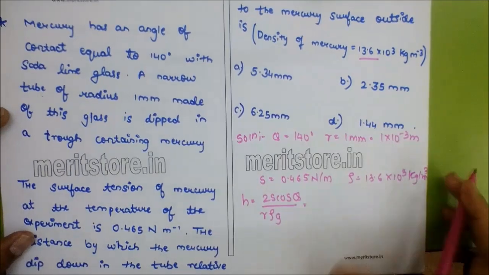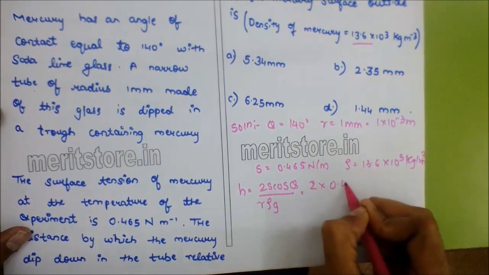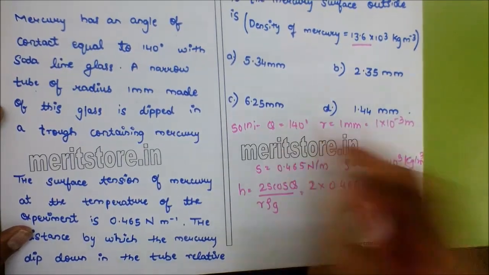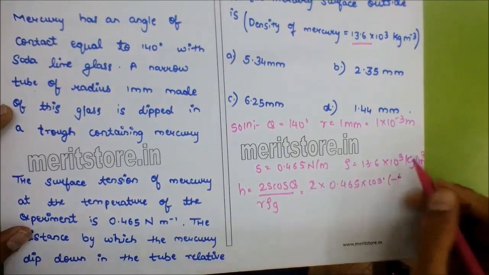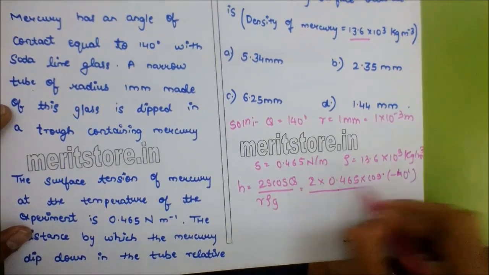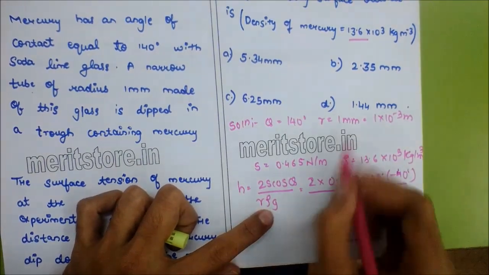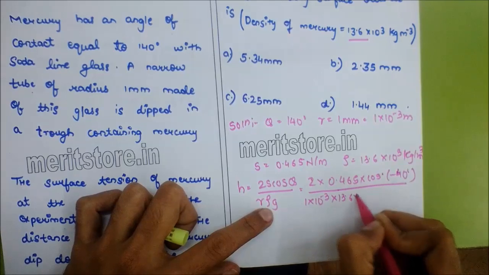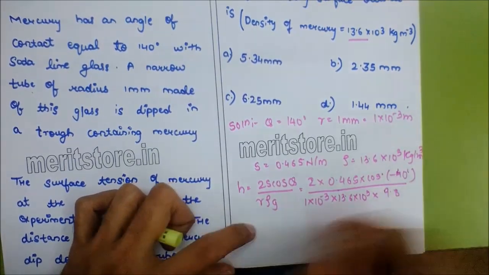Next we have the formula for the height, which is 2 s cos theta upon r rho g, which equals 2 into s, which is 0.465, into cos of 140, that means cos of minus 40 degree, minus of cos 40 degree. That will be divided by r, the radius, which is 1 into 10 raised to minus 3, density 13.6 into 10 raised to 3, into g, the gravitational constant, which we can take as 9.8.